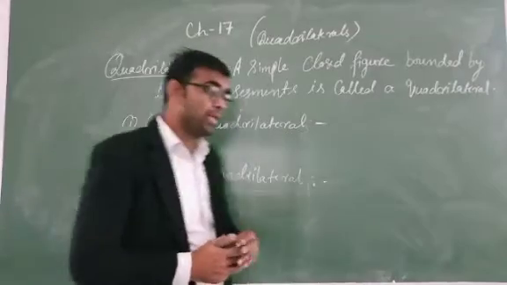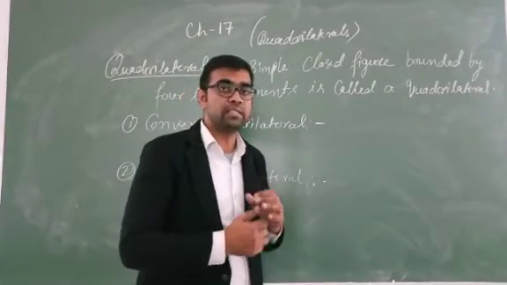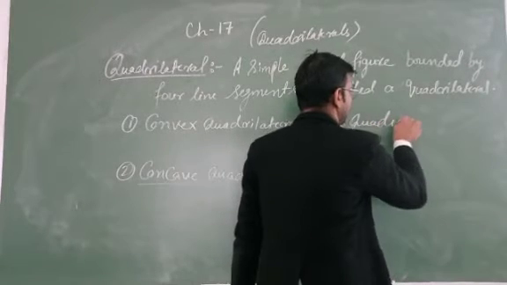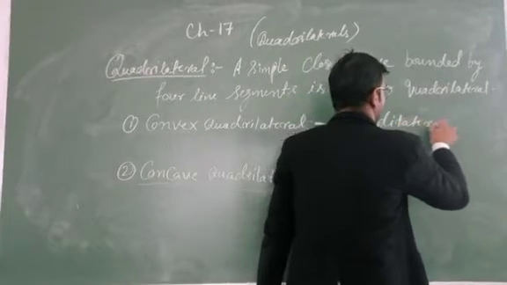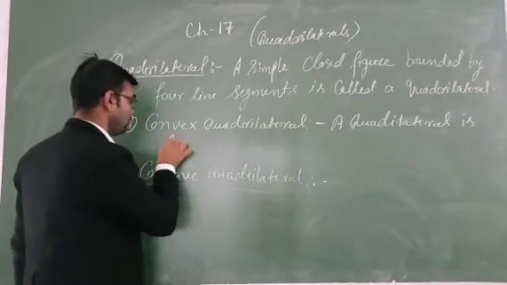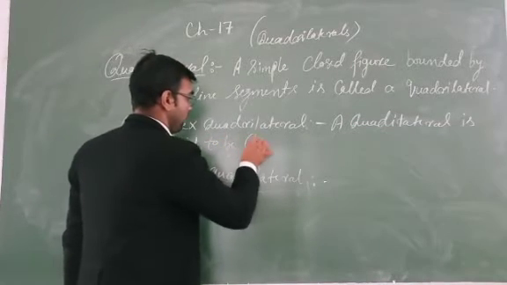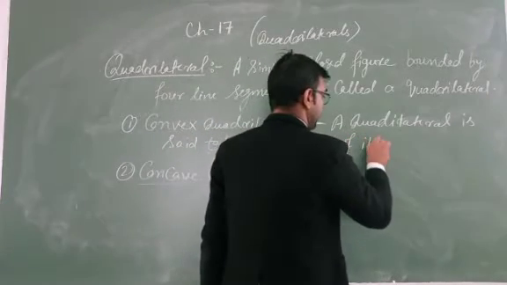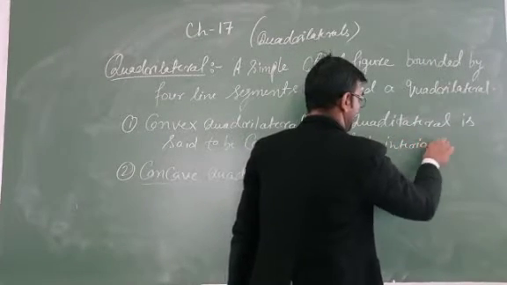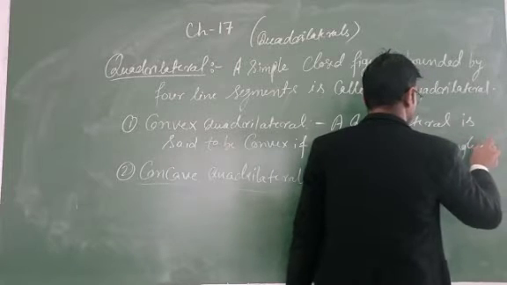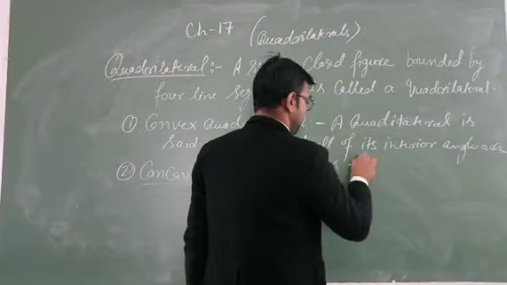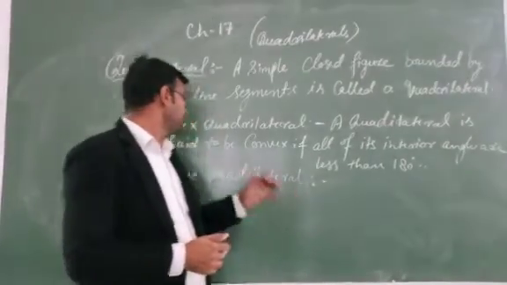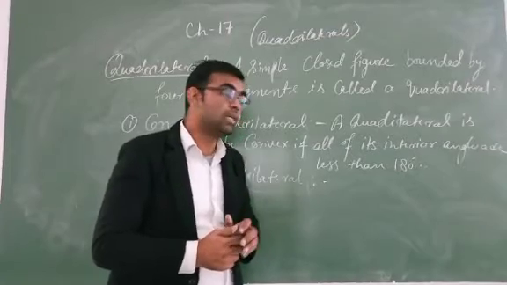First, convex. A quadrilateral is said to be a convex quadrilateral if all of its interior angles are less than 180 degrees.